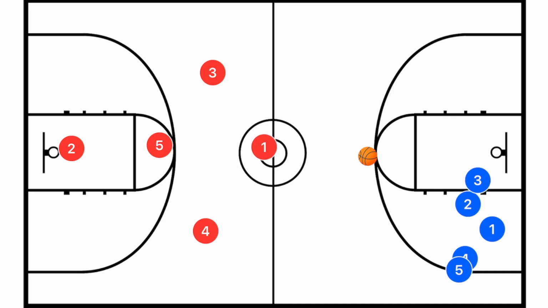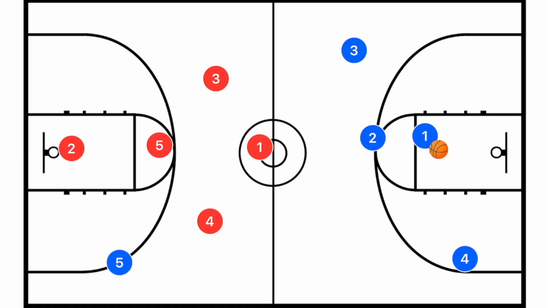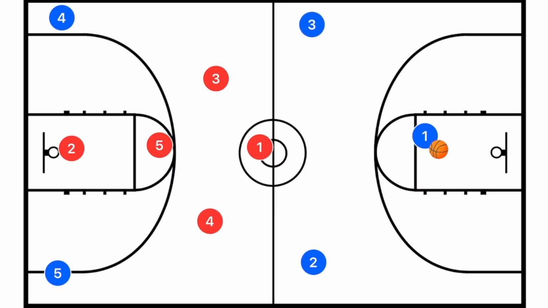Okay, so there's a lot of different types of half-court traps. For example, you can run a diamond half-court trap, and just like anything, there's a lot of different ways you can beat it and a lot of different ways you can run it. But a lot of teams will try to set up in the corners and beat it that way. So for example, if player one passes the three, they're going to try and pass that ball down the corner.